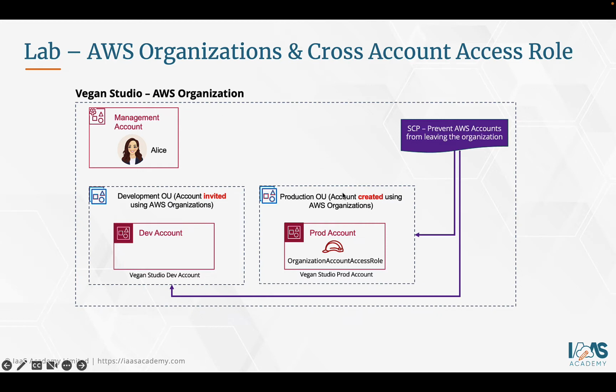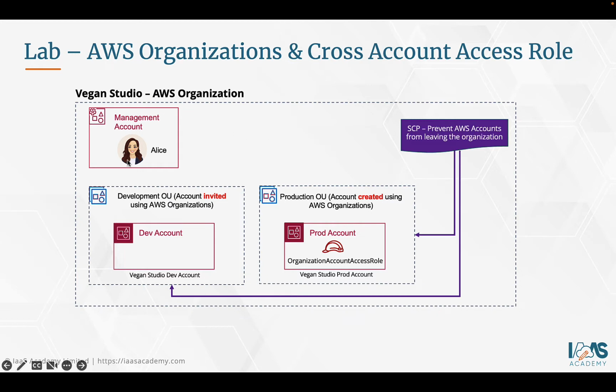One of the things you noticed, and I highlighted this in the last video, is that when creating an account from within the organization service, the AWS Organization Account Access role is created for you. Okay, and this role is created in the account that is being created. So in this case, the production account. And what this role does is it gives the management account full access permission to connect into and work in the production account.